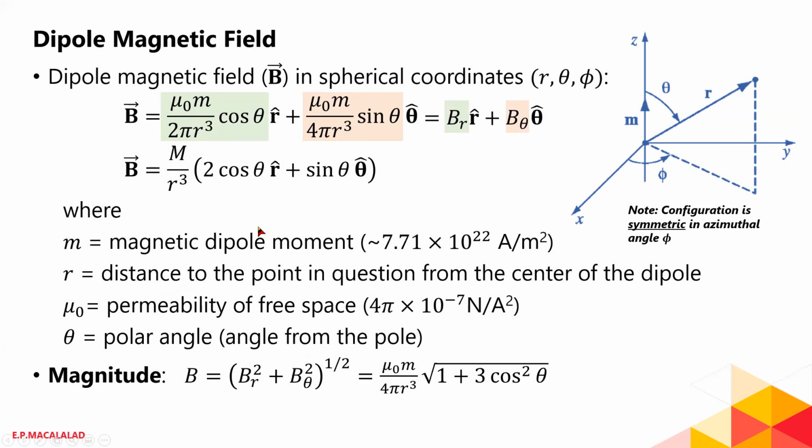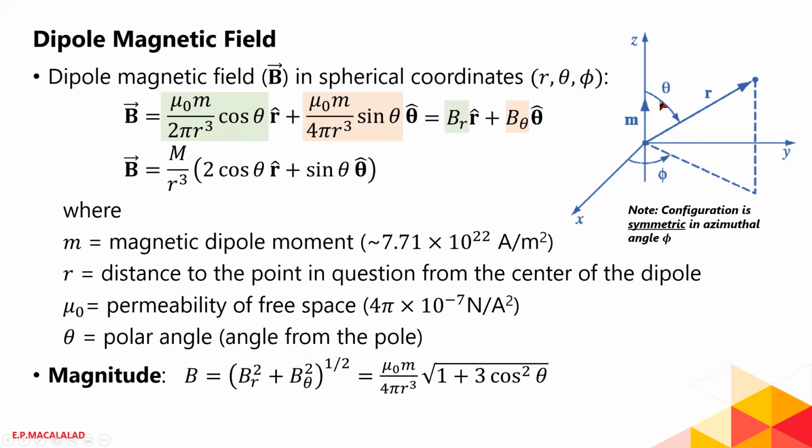So therefore, the magnitude can actually be computed as follows: mu naught m over 4 pi r squared, times the square root of 1 plus 3 cosine squared theta. Okay, so we can actually calculate the magnetic field using this equation at the equator.